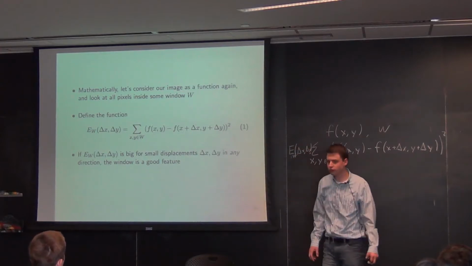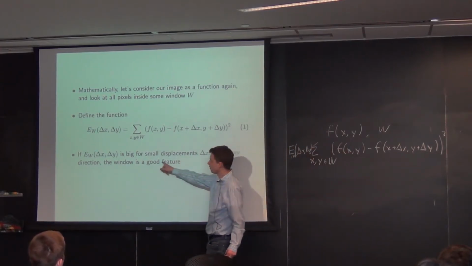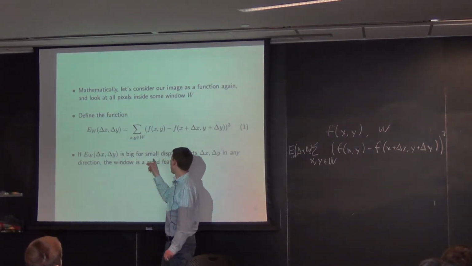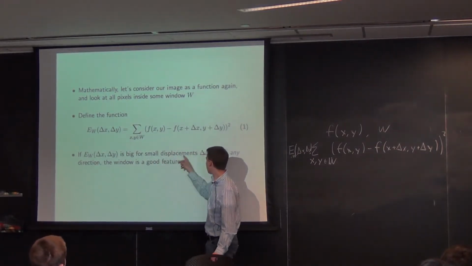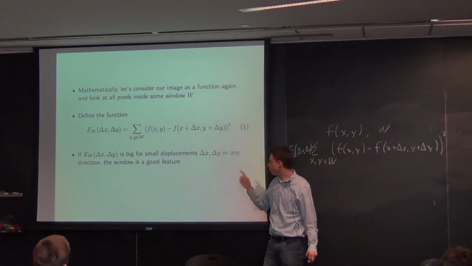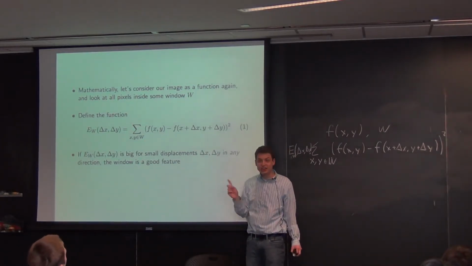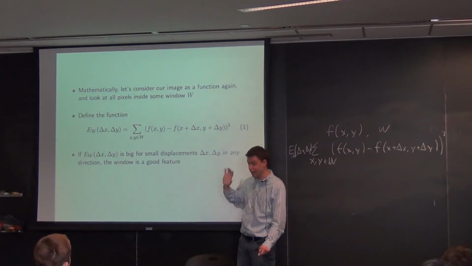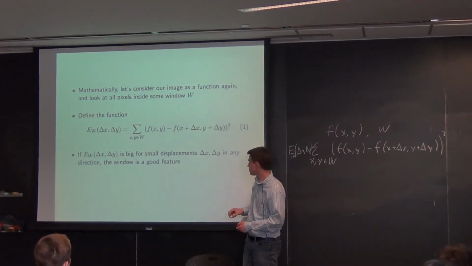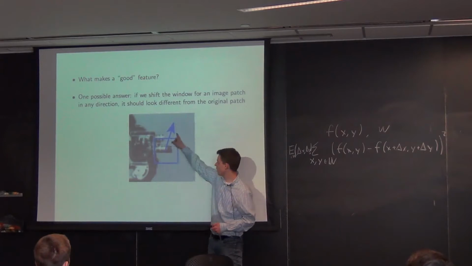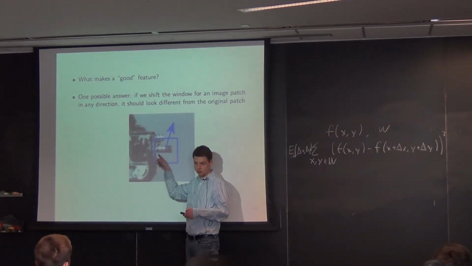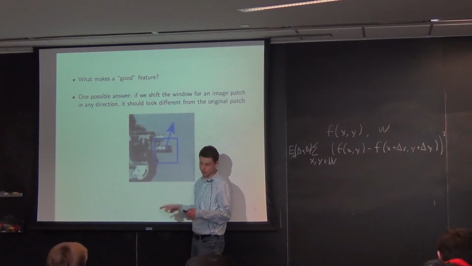All right, so intuitively, if this thing is big, whatever big means, if it's relatively large for even fairly small displacements, delta x and delta y, but importantly, displacements in any direction, right? So we can actually displace x or y in any direction. That corresponds to saying we don't just want it to be big in this direction, we really want it to be big in every direction, to have some difference between the image and the shifted image.